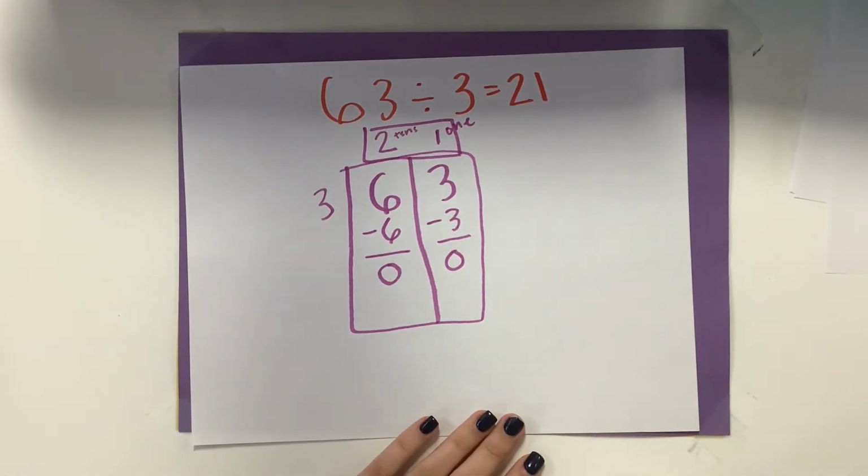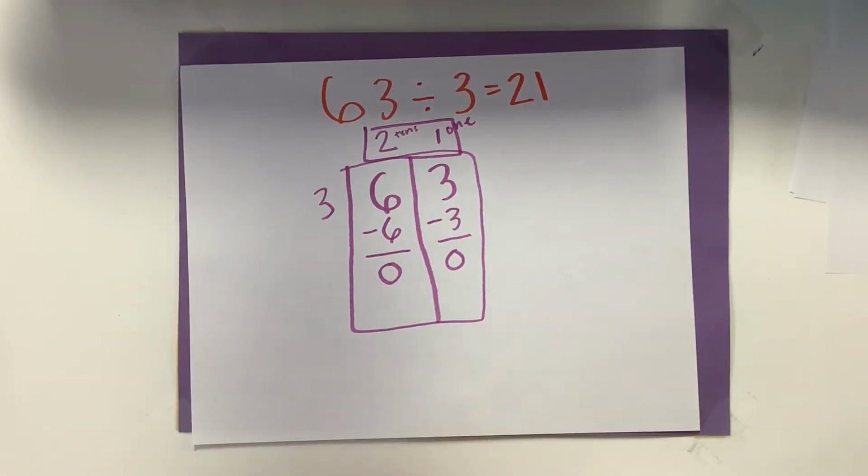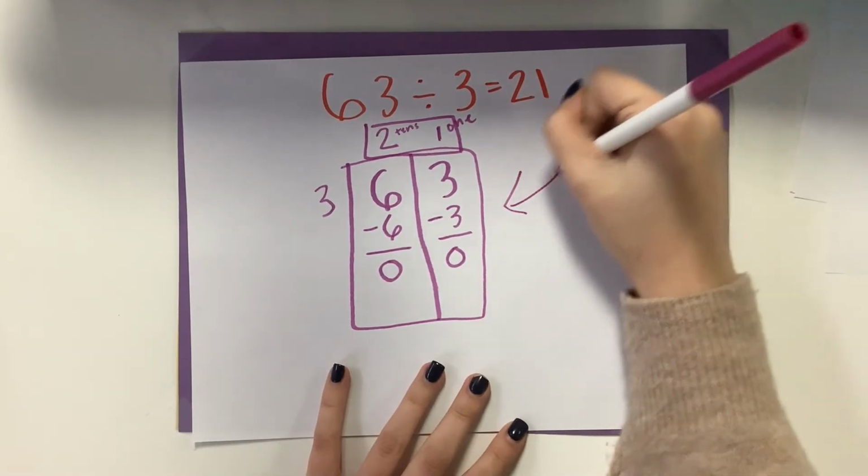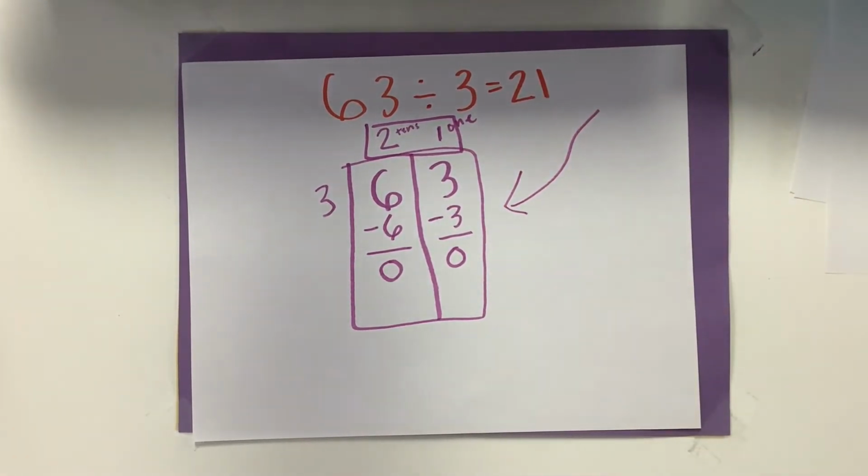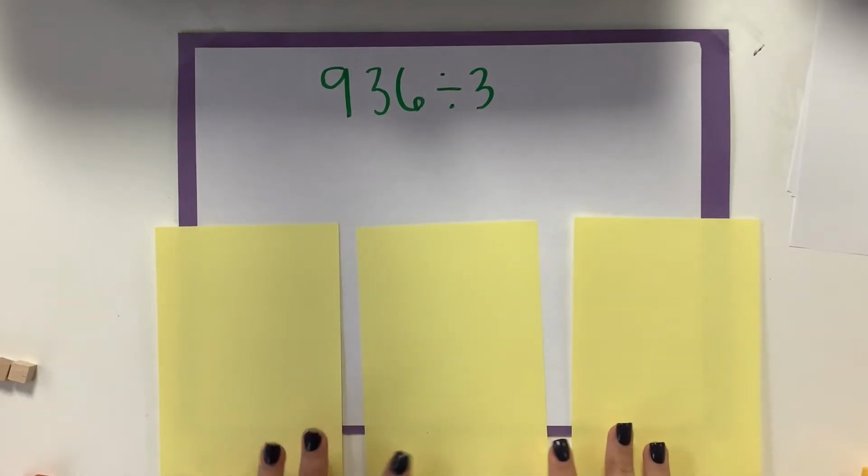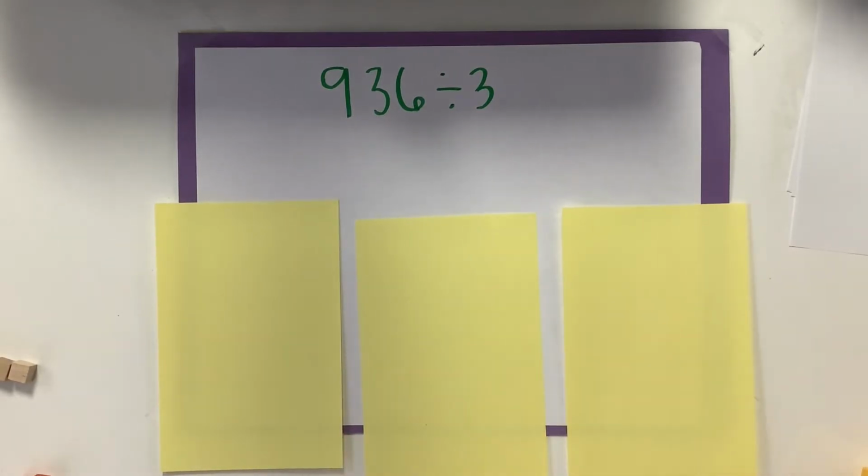So I started thinking, can I use a strategy like this to solve some division problems with a lot bigger numbers? Well, let's give it a shot. I wanted to try this problem, 936 divided by 3.